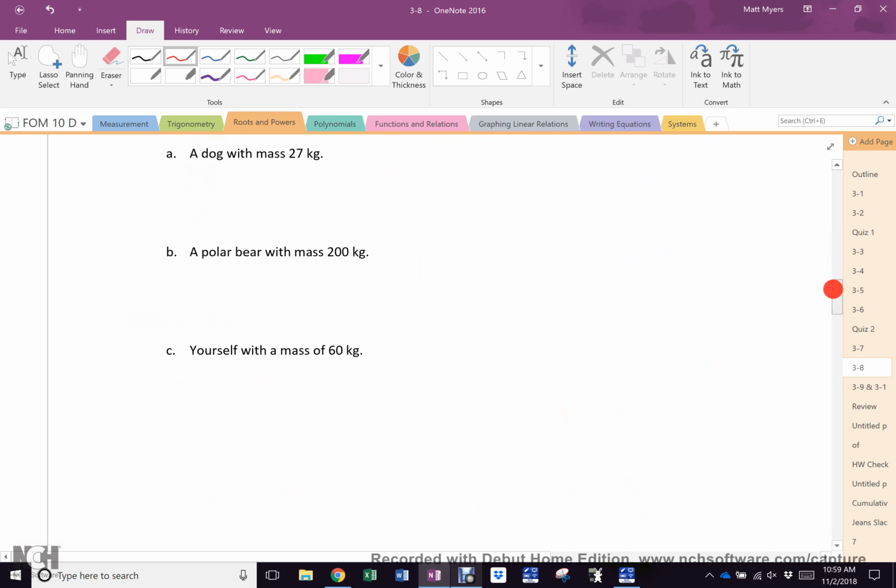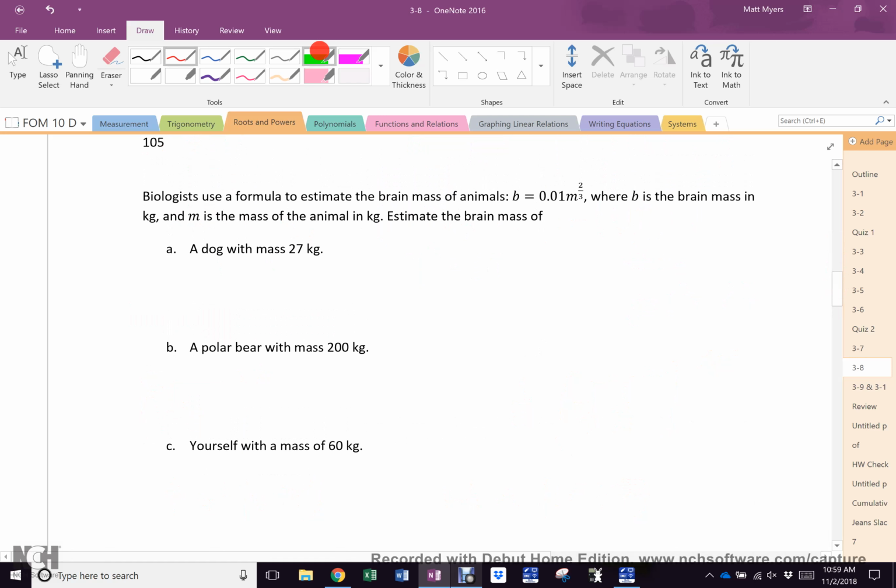There are 3 questions there that use this equation. Before you do any work, one of those 3 is doable completely without a calculator. Is it A, B, or C?